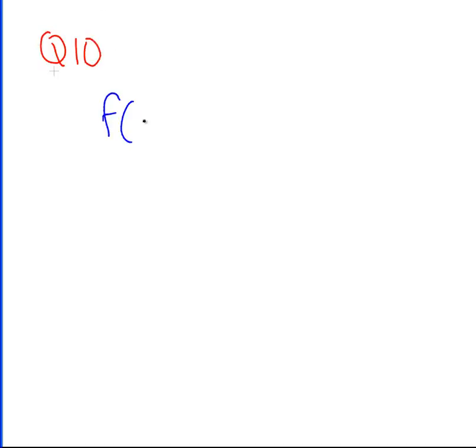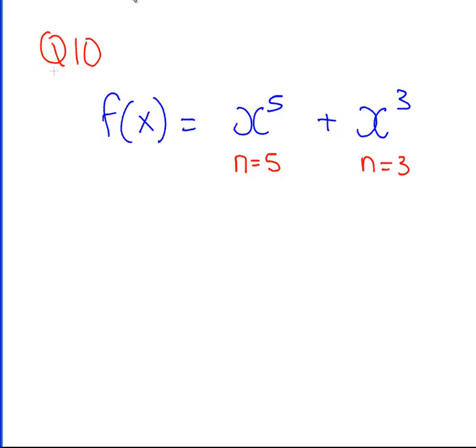is f of x is equal to x to the 5 plus x to the 3. So what we're going to do here in both cases is identify n. In this case, n is going to be 5, and here n is going to be 3. So our derivative is essentially we can just take both parts separately. So we can take this part and then this part.